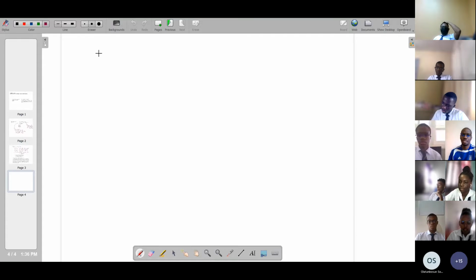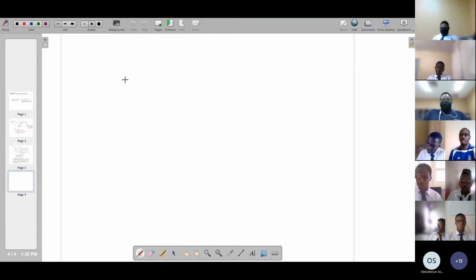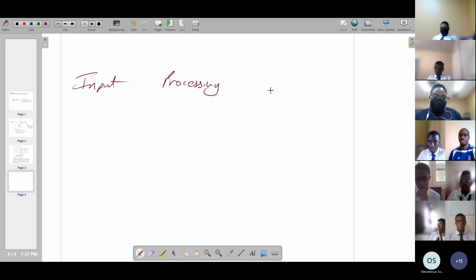All programs and all computer systems follow these basic behaviors: input, processing, output.